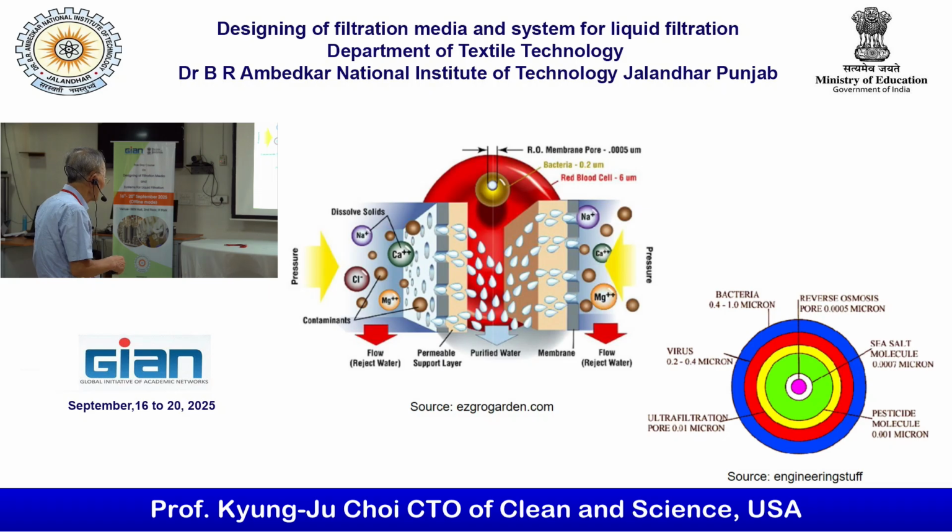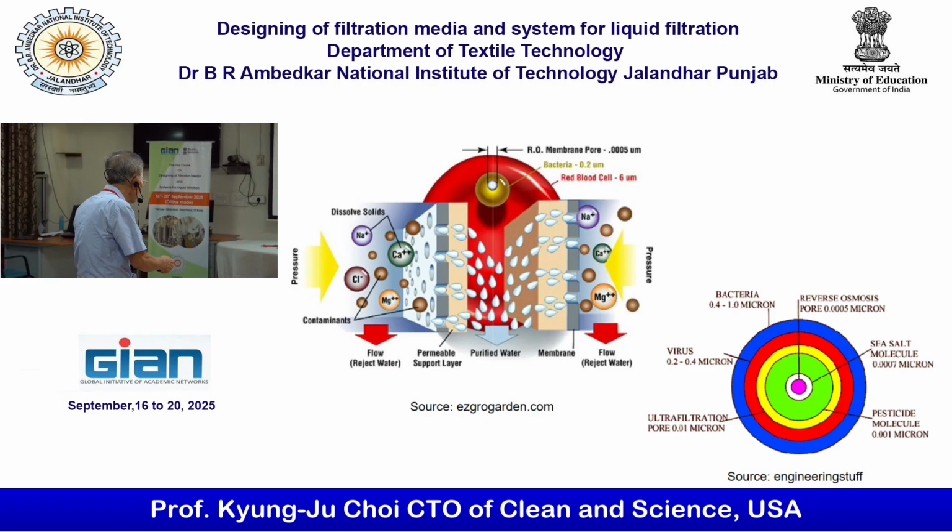So this is more likely coming through this one. It has to be something like a water molecule instead of calcium and sodium. I told you earlier the red blood cell is about 6 micrometer.